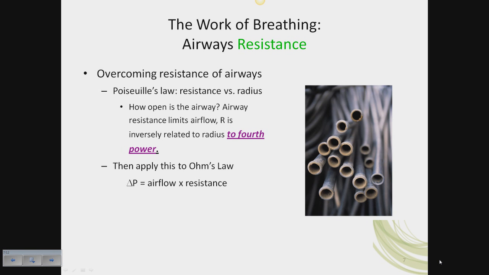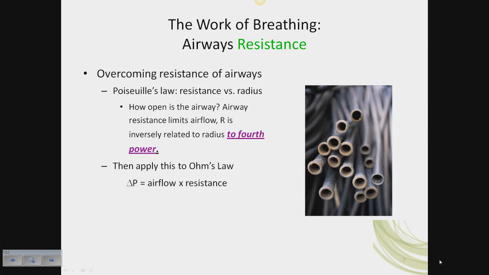So if we stop and think about a primary bronchus branching off of the trachea, leading to a secondary bronchus, to tertiary bronchi, to smaller bronchioles, to terminal bronchioles, to respiratory bronchioles, to an alveolar duct and an alveolar sac, we are getting progressively smaller structures but more numerous.